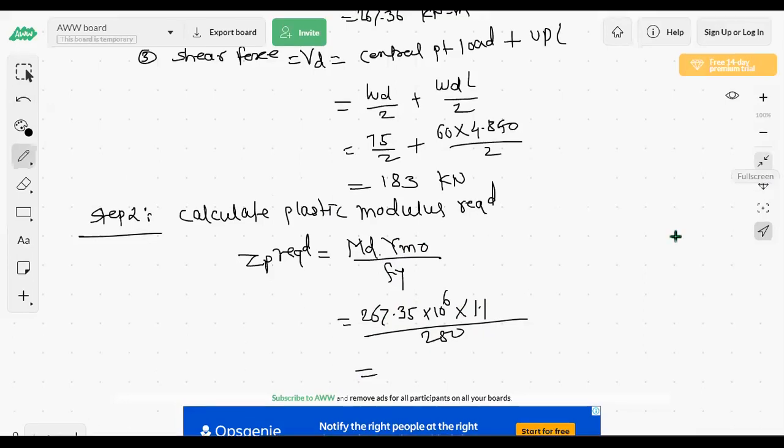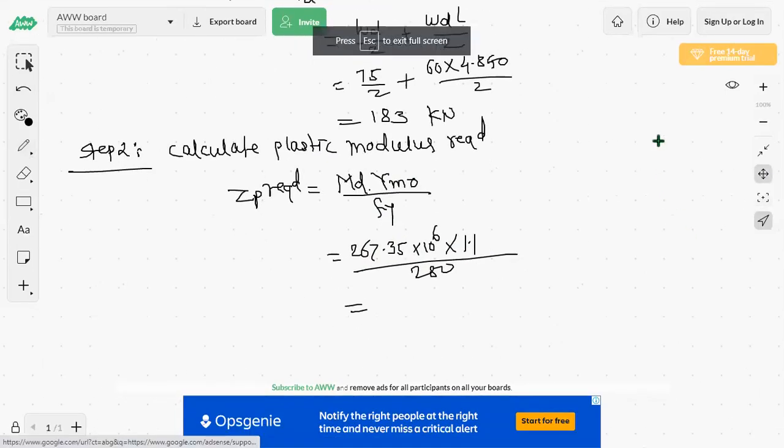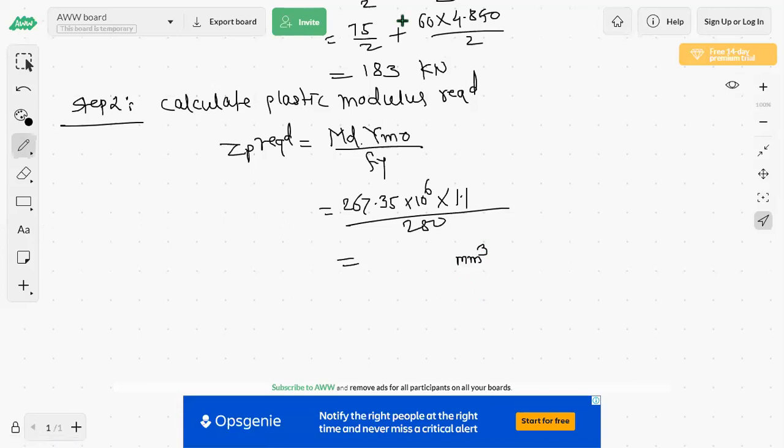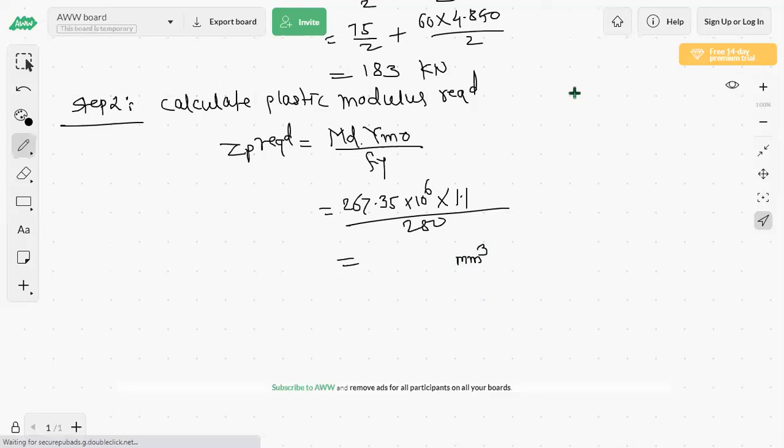So how much ZP required? In mm cube. Tell me answer. 972.18.